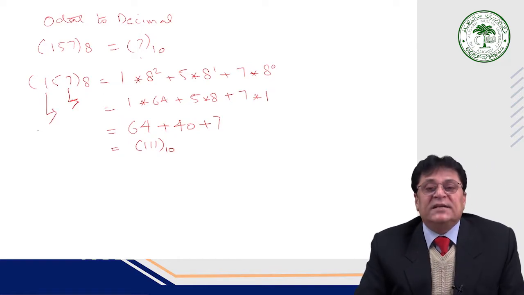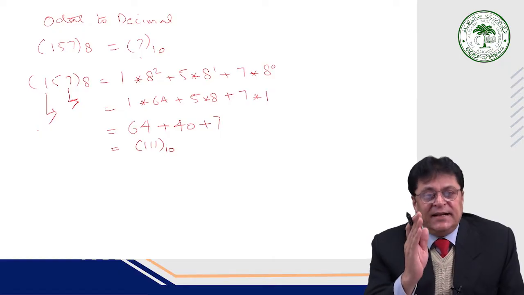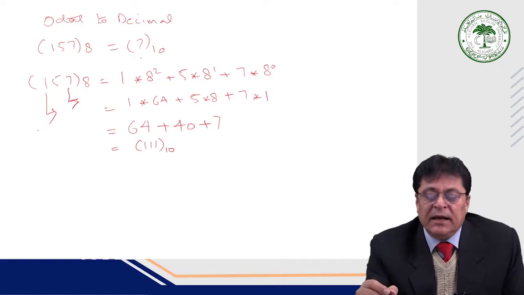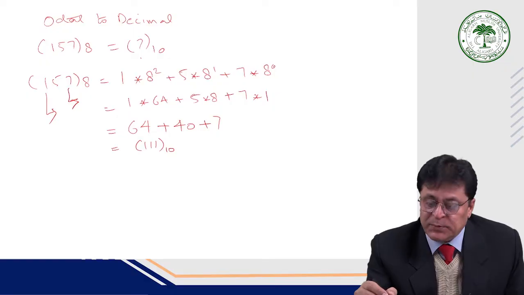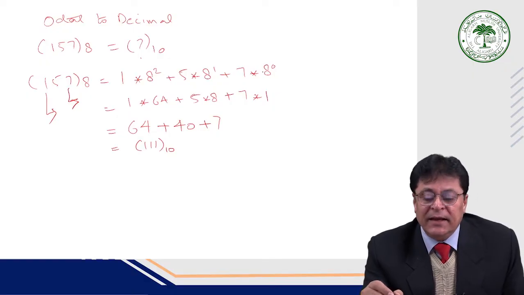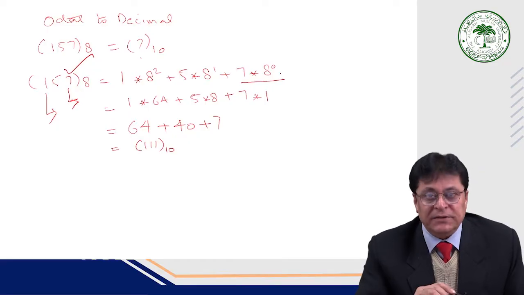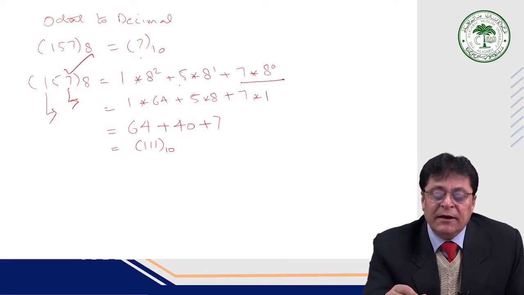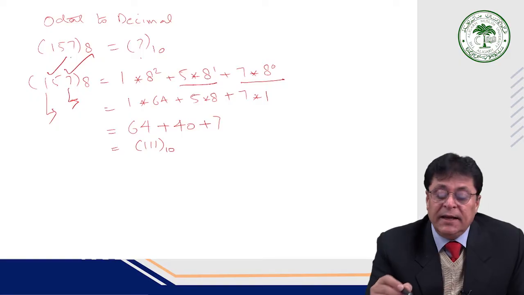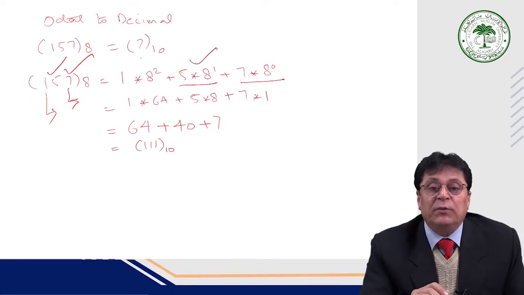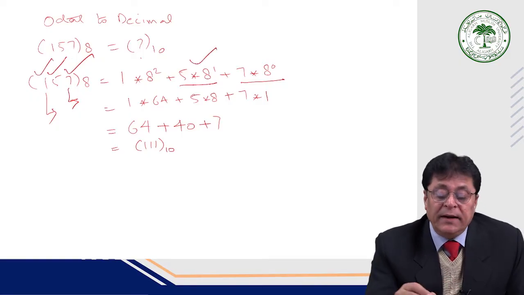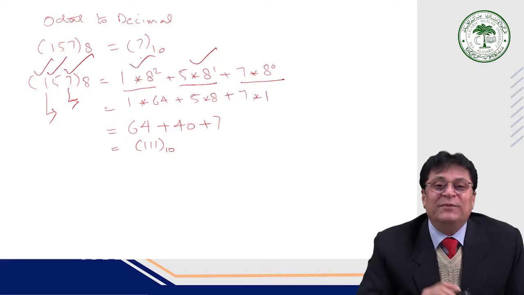We will start multiplying each digit from the right hand side, that is the least significant digit, with the base exponent. So, we will begin with 7 multiplied by 8 to the power 0, plus 5, the next digit, multiplied by 8 to the power 1, then 1 multiplied by 8 to the power 2.